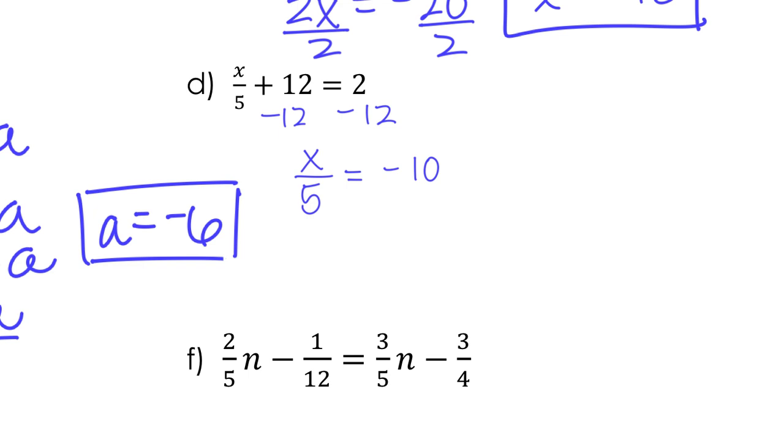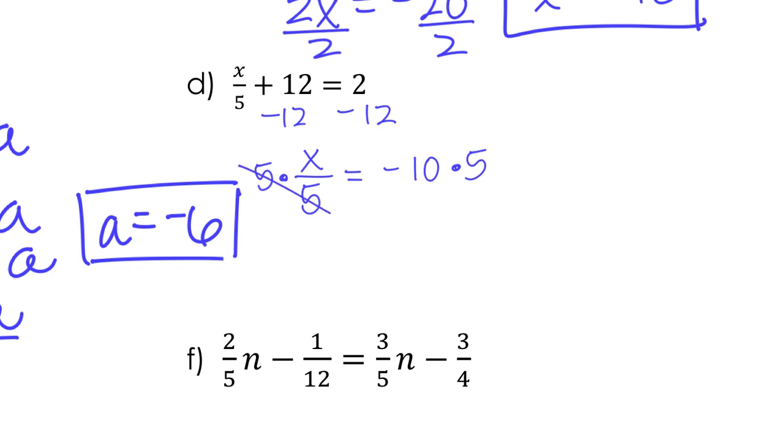Now, if this is X divided by 5, how am I going to move the 5? Oh, would you multiply? Right, because we are always doing the opposite. So it's X divided by 5, so we're going to multiply by 5 on both sides. All that does on the left side is cancel the 5s.